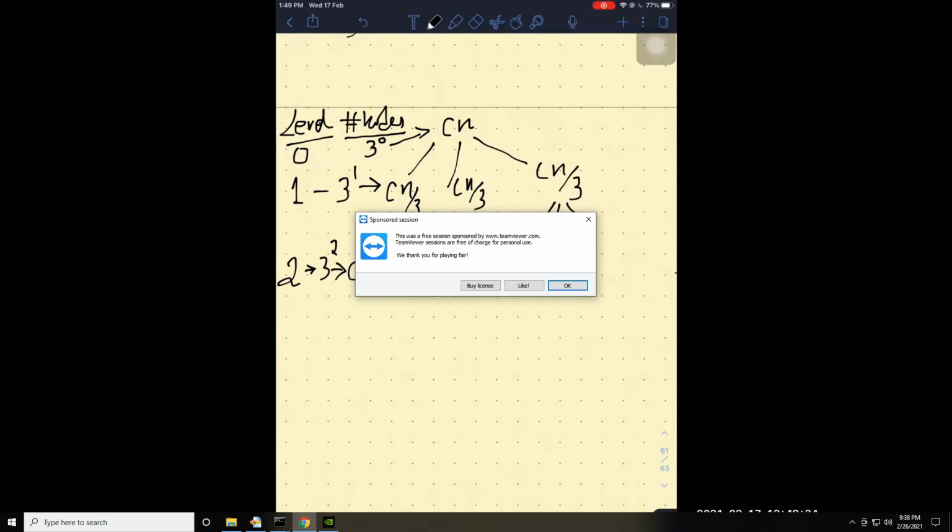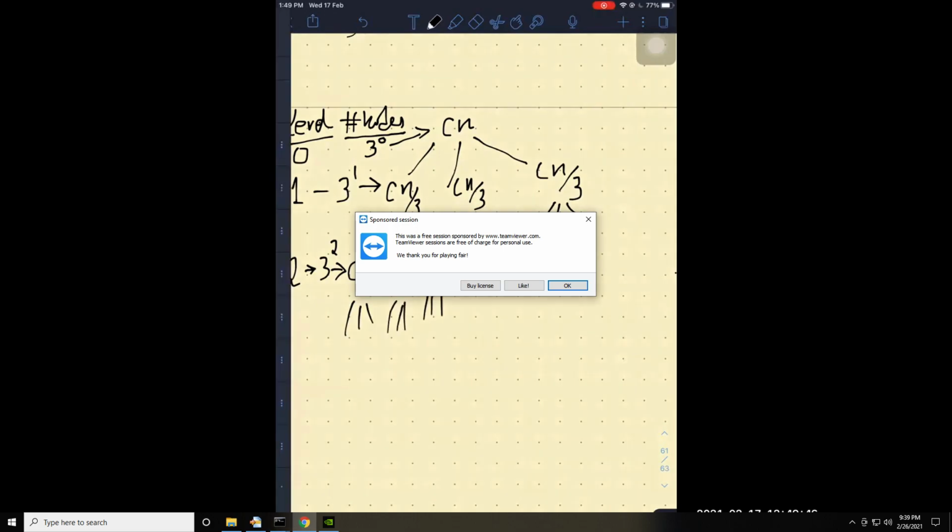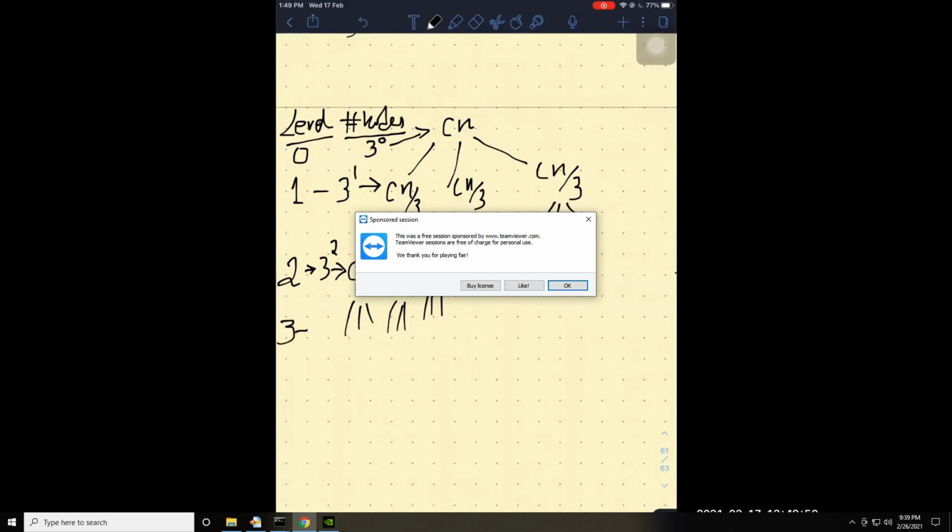Okay, so yeah, for the level 2, we will get 3 to the power 2 nodes in this way. If we progress, then for the third level, can anyone guess how many nodes will we have for the third level? 3 cubed. Yeah, exactly.